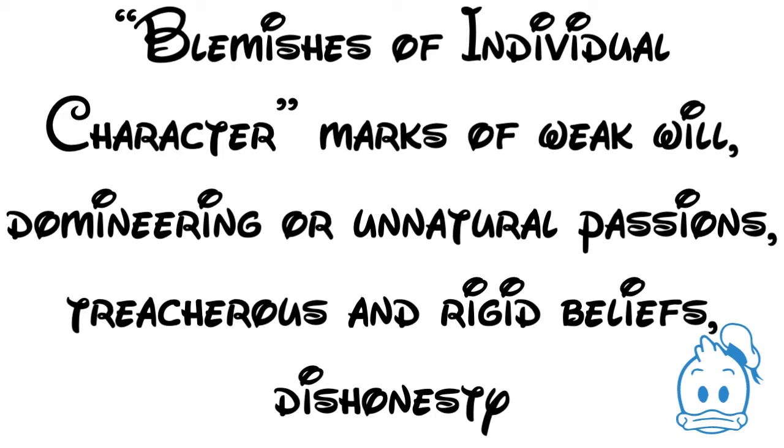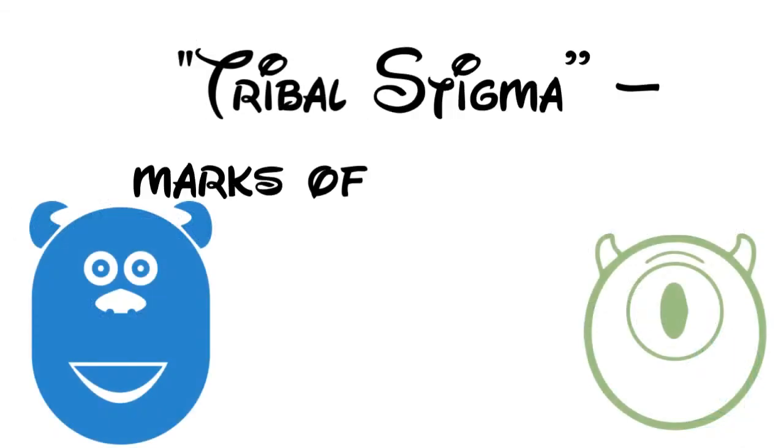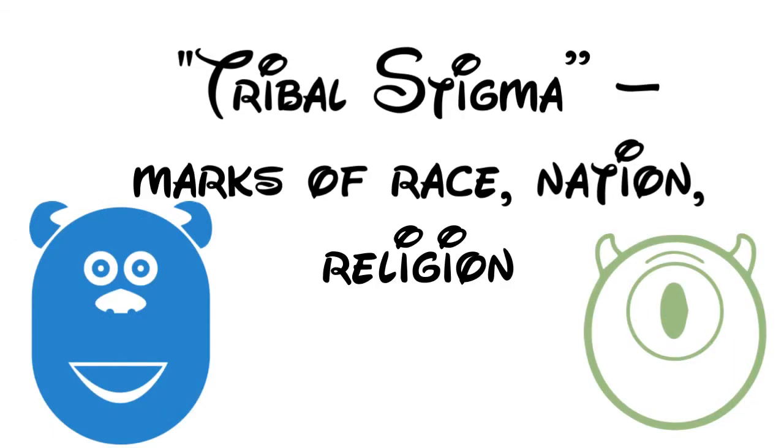Dishonesty, those are blemishes of individual character. And then Goffman talked about tribal stigma. Those are stigmas attached to race, nation, religion, and those are all transmitted usually through lineage, and they affect every member of a family or a group.